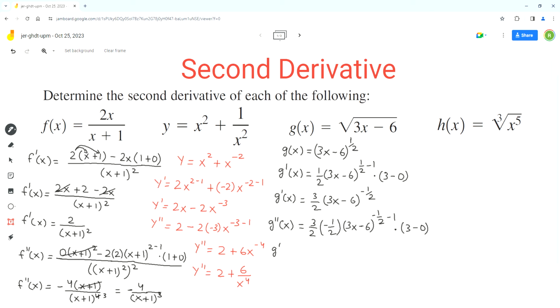Now we can simplify this expression. So 3 over 2 times negative half will be negative 3 over 4 times 3x minus 6. Now negative half minus 1 is equal to negative 3 over 2, and then times 3 minus 0 is 3.